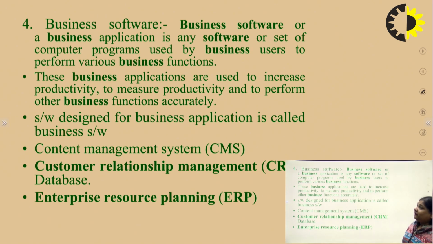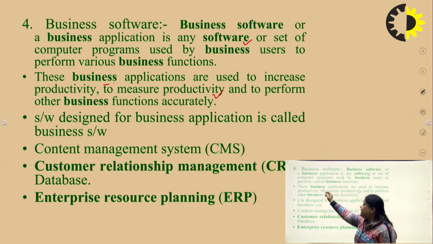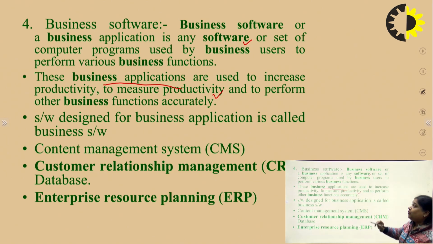Next category is business software. Business software, or a business application, is any software or set of computer programs used by business users to perform various business functions. These business applications are used to increase productivity, to measure productivity and to perform other business functions accurately. The main reason to develop this type of business application is to increase the productivity of any organization.